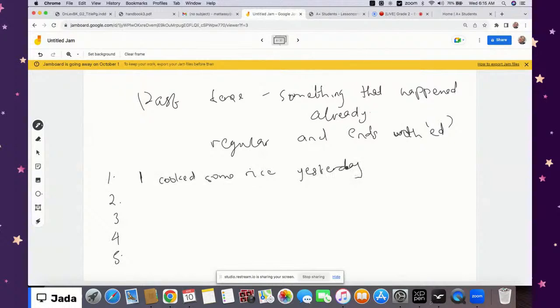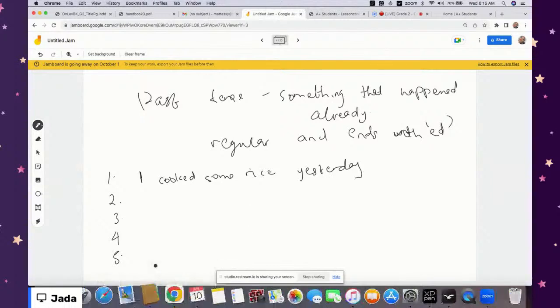I cooked some rice yesterday. It has the ed. Okay? I cooked some rice yesterday. It has the ed. Okay? So this is an example and we have some here.